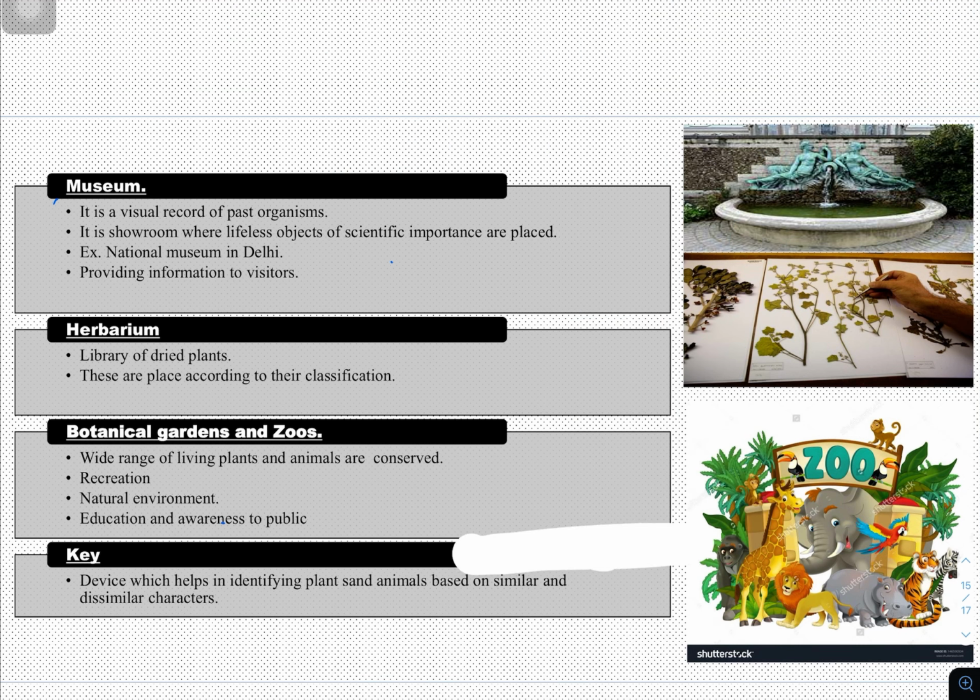Then the last part is one short revision. Okay, so this chapter, living world, can be divided into 2 subunits.